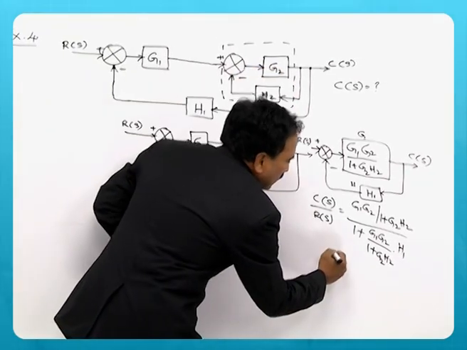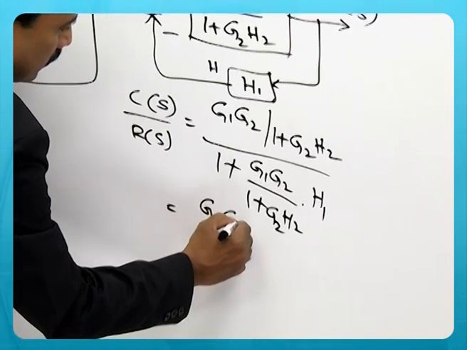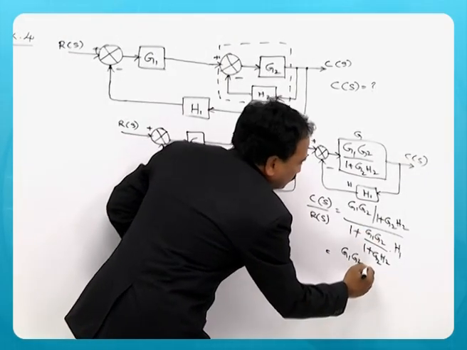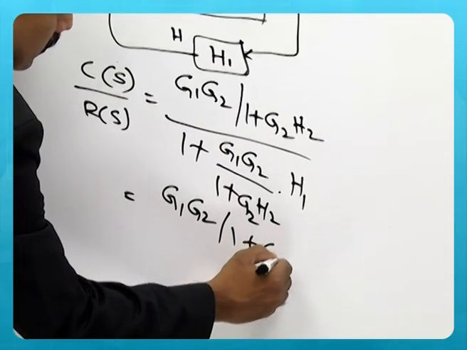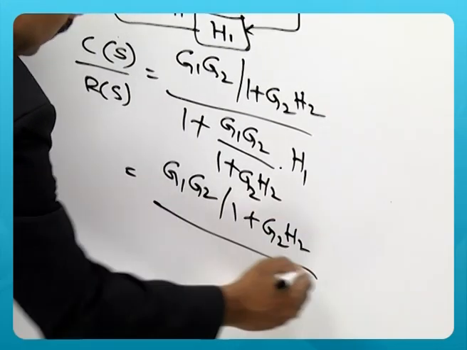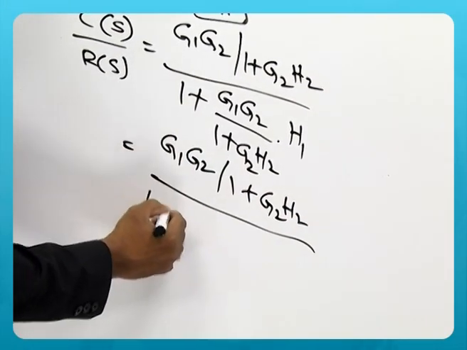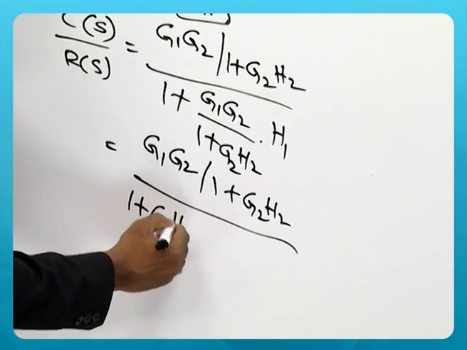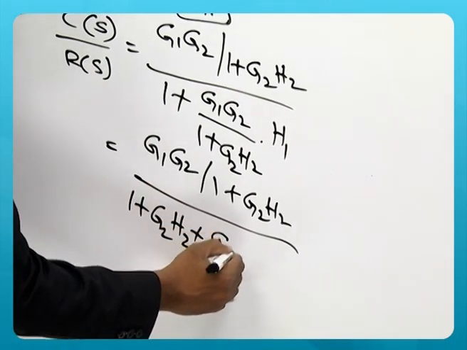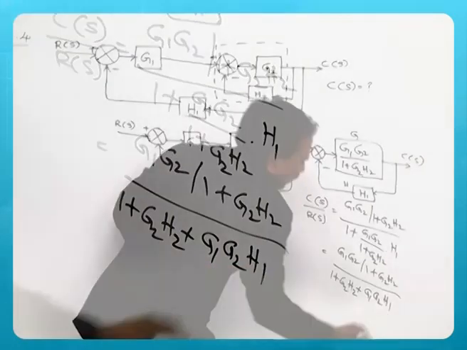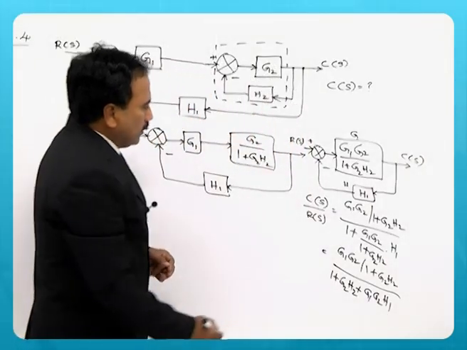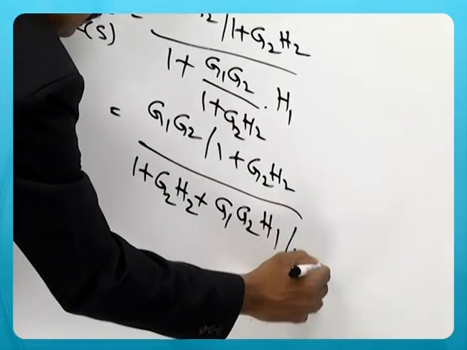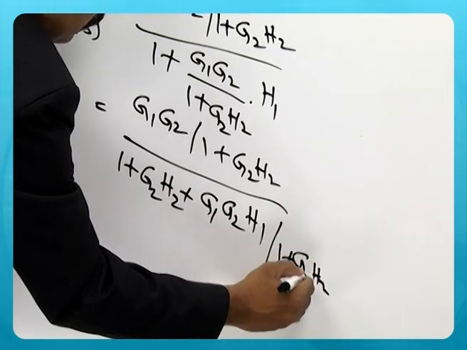Now you can simplify this, you will get G1 G2 by 1 plus G2 H2 by, take LCM, G2 H2 plus G1 G2 H1 divided by 1 plus G2 H2.